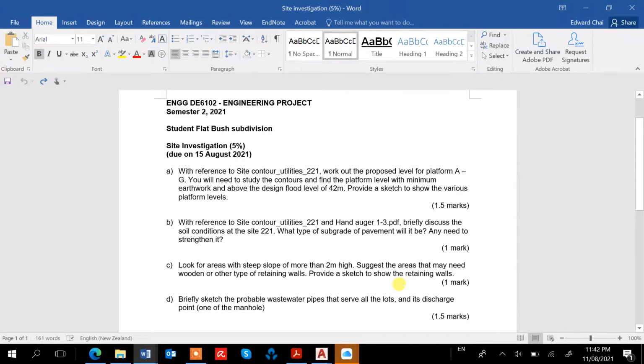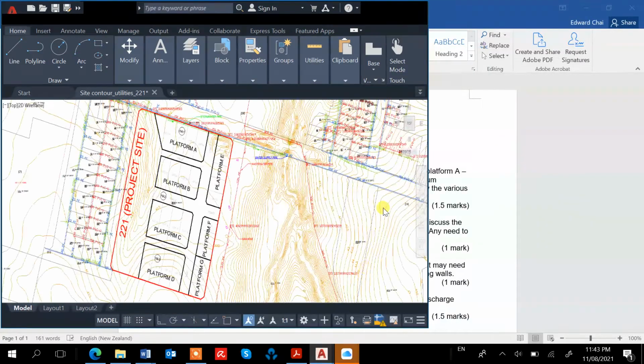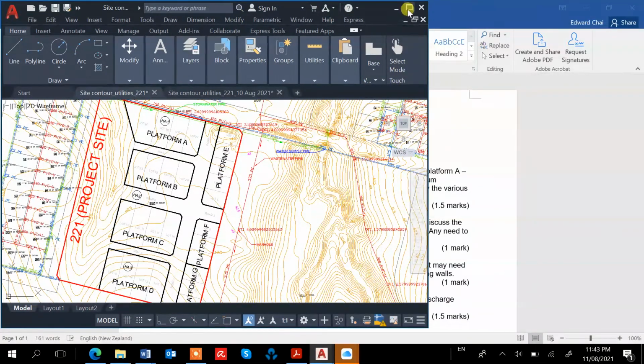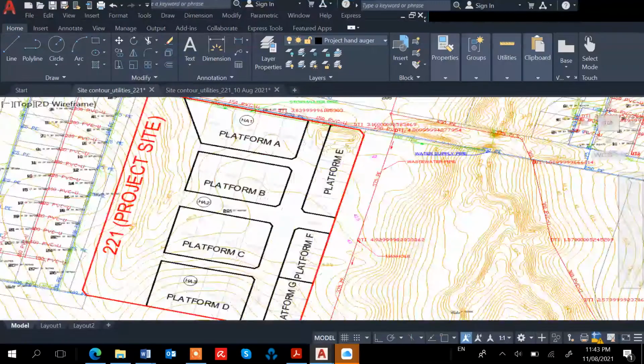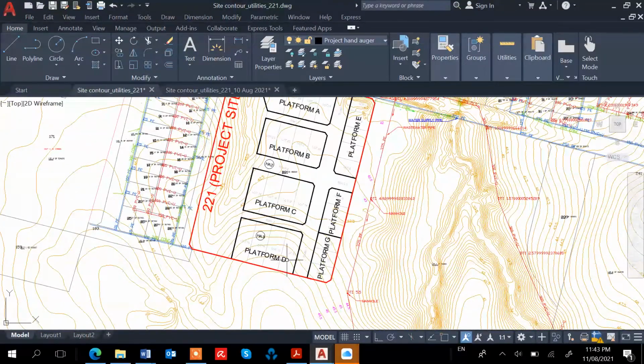You need to finish the platform level first, then you can see the drop in level from one platform to another, actually at the boundary. So you can see whether there is any place where you need to include some retaining wall. For example, look at the contour.